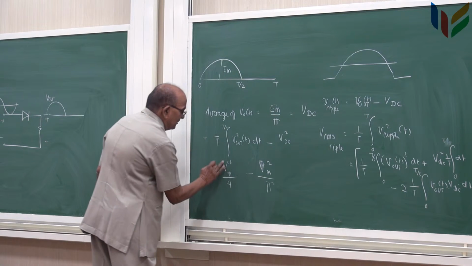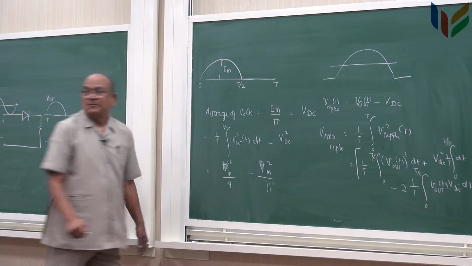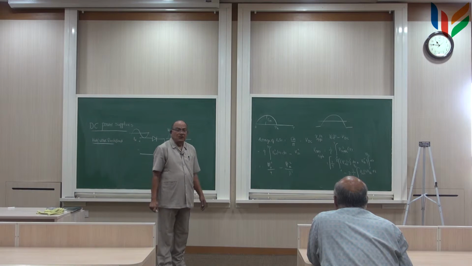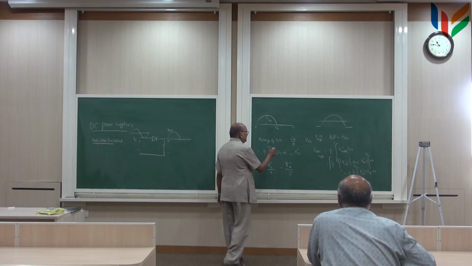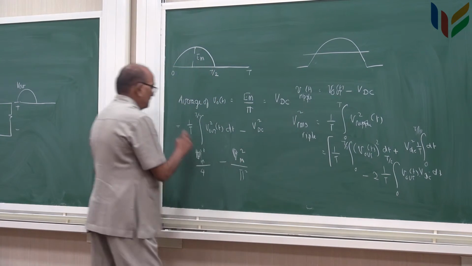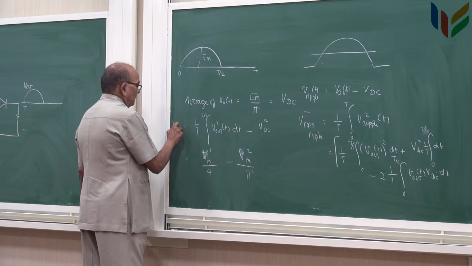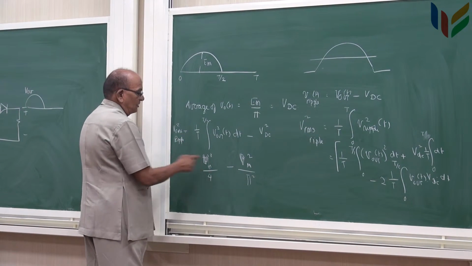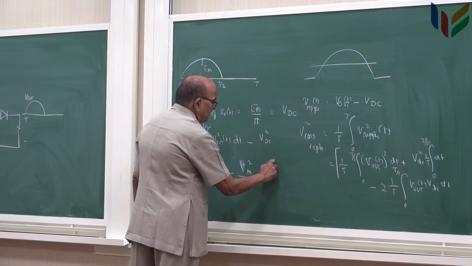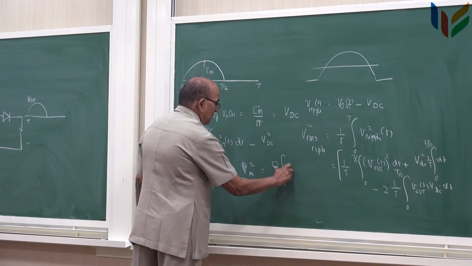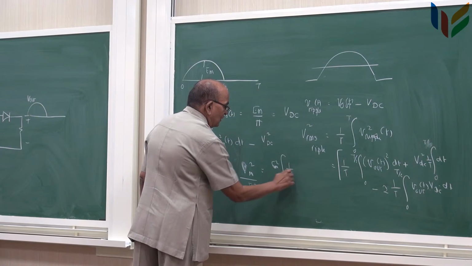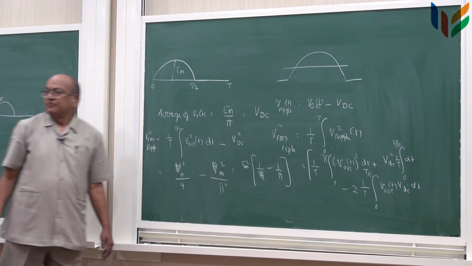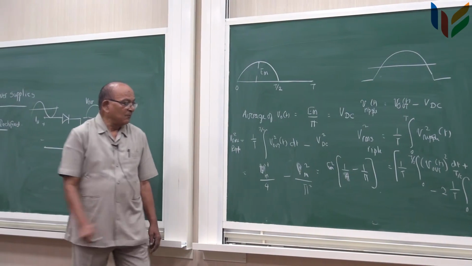I am using different symbols. Vm square. Okay. So this is the Vrms square of the ripple, which is equal to Em square into 1 by 4 minus 1 by pi square, is it?